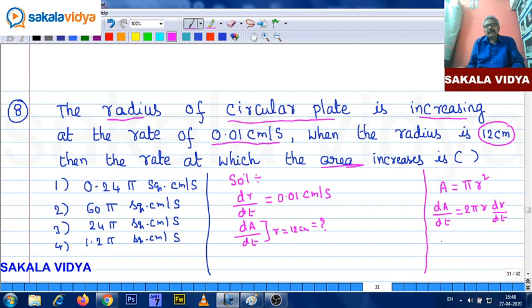Let us substitute respective values now. So, dA by dt at r is equal to 12. That means actually here we get 2 pi into 12, dr by dt is equal to how much? 0.01.